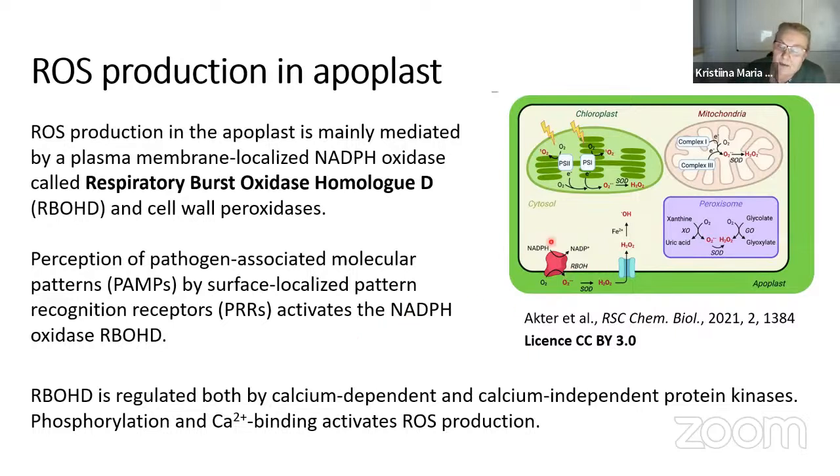It is an enzyme that is penetrating the plasma membrane, and in the cytoplasm, this enzyme has an unstructured region that can be regulated by phosphorylation and also by binding to calcium. These are then active, taking care of the regulation of the activity of this enzyme.